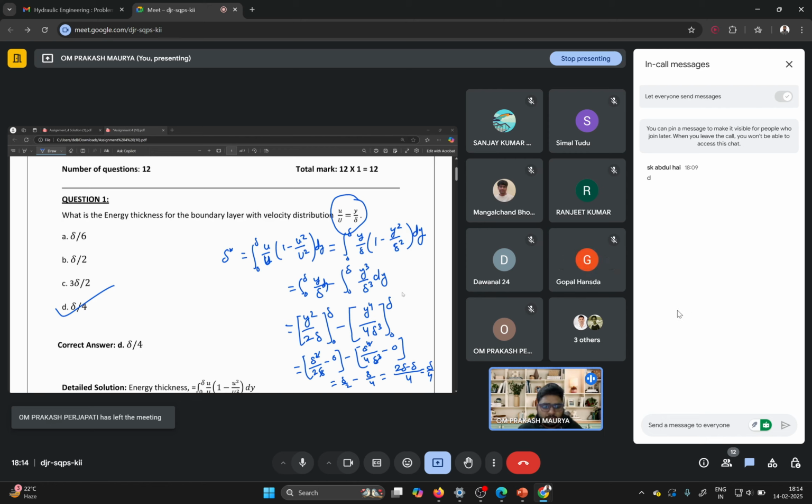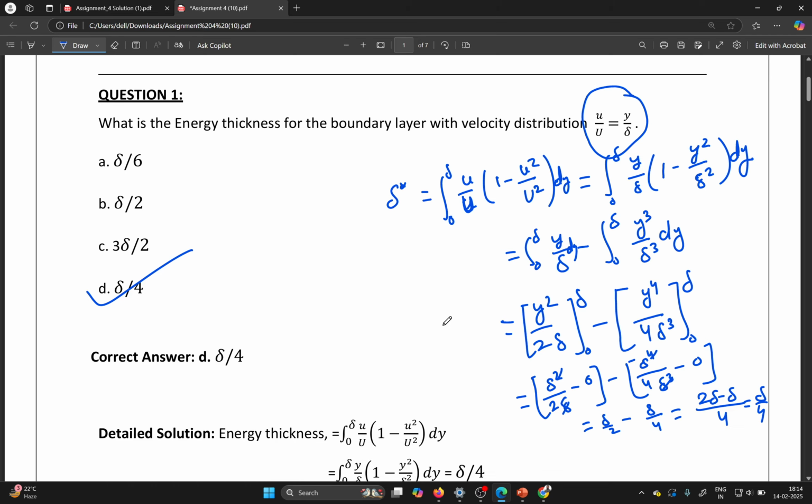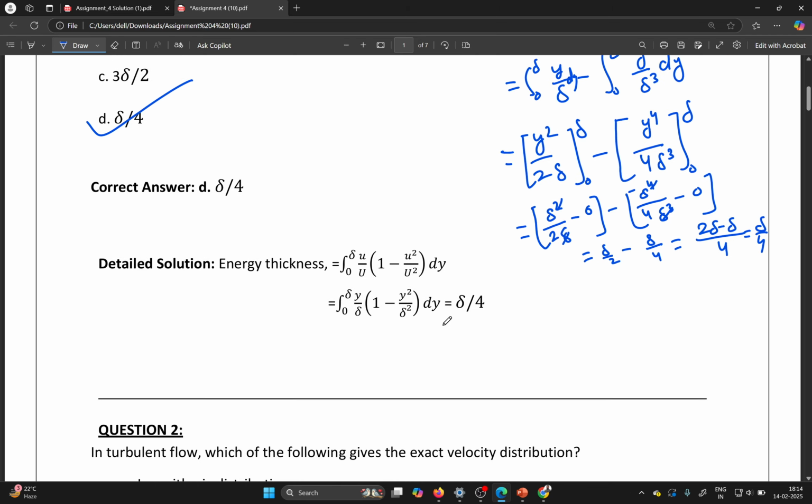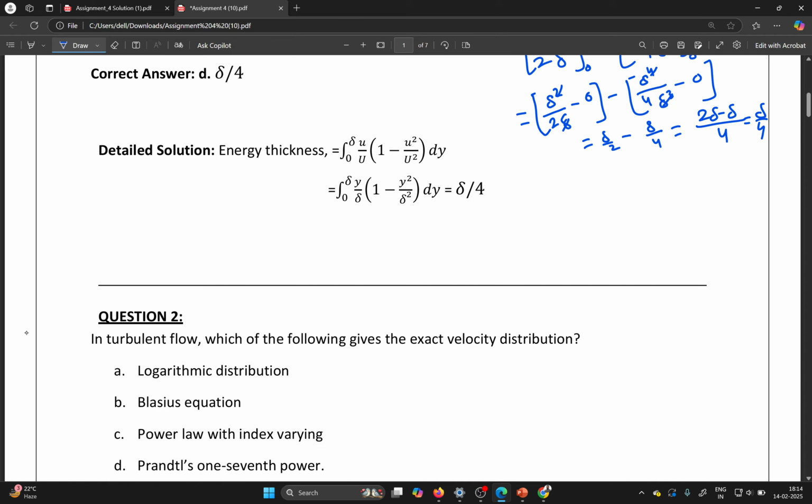So the next problem everyone will try to calculate. Question number 2. In turbulent flow, which of the following gives the exact velocity distribution in turbulent flow?